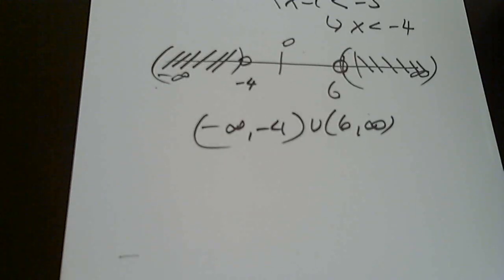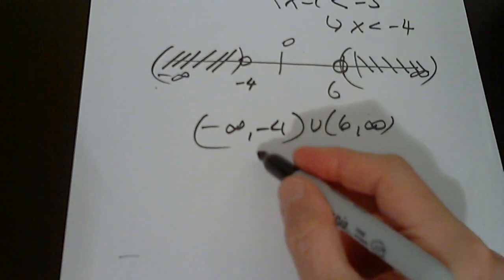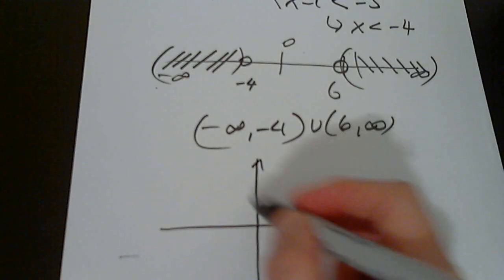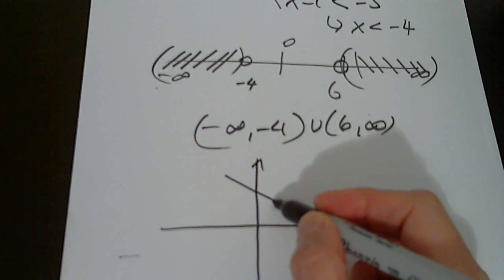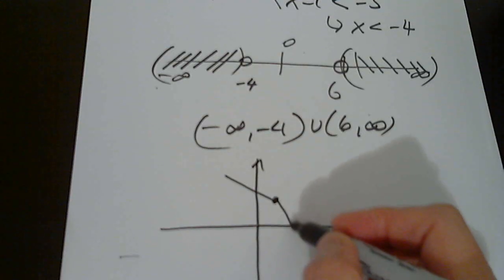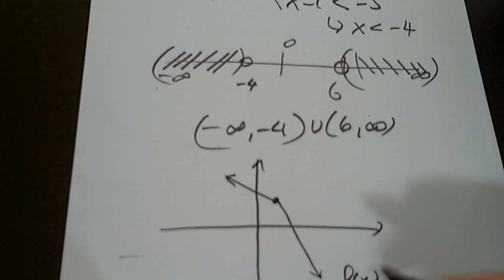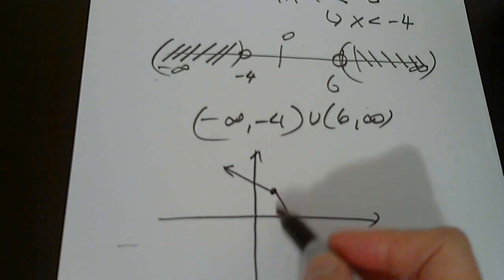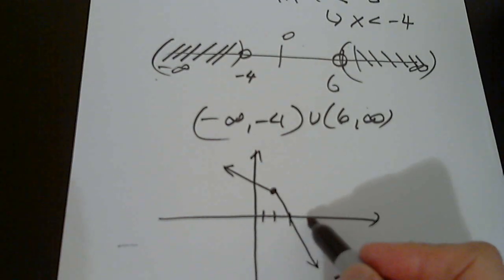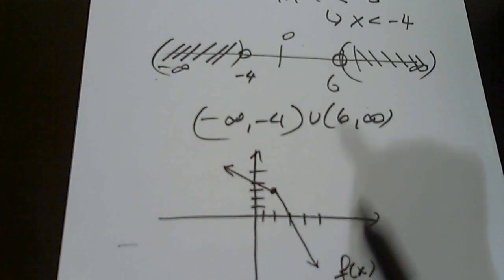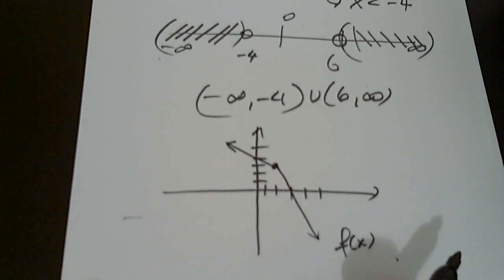So here's an example. Let's say I have this graph. That's my graph. This is the function, or any graph. And let's say I have 1, 2, 3, 4, 5 on each axis.